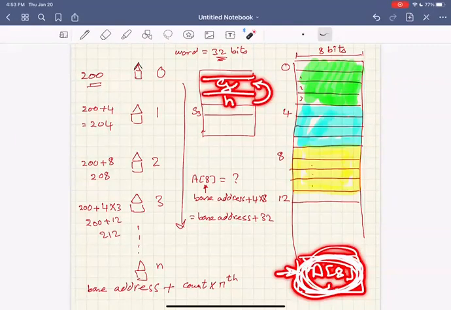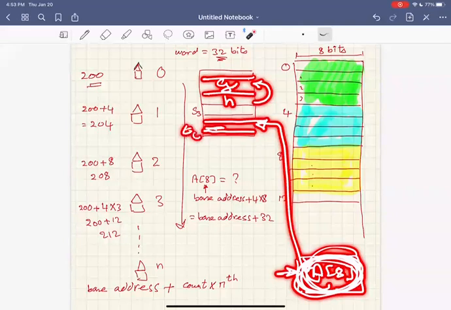I have to copy this value into my register, to a certain place here. Let's say I will call this T0. I will copy whatever I have here to T0. Then I have my T0, I will add it to H, and put the result in G.